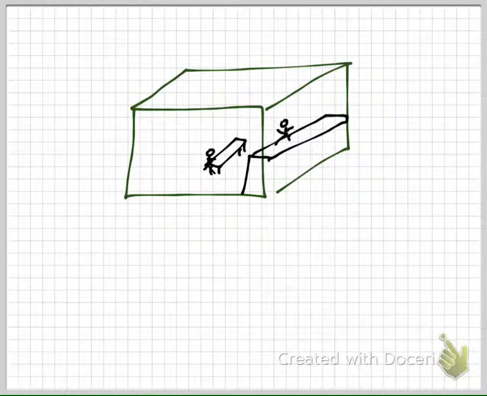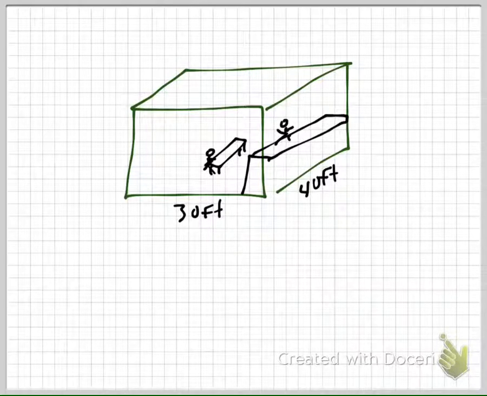Okay. We'll say that this is 40 feet. And we'll say that the length, that would be this, 40 feet. We'll say that length over there is 30 feet. And we'll say the roof, 10 feet is the height of the room.